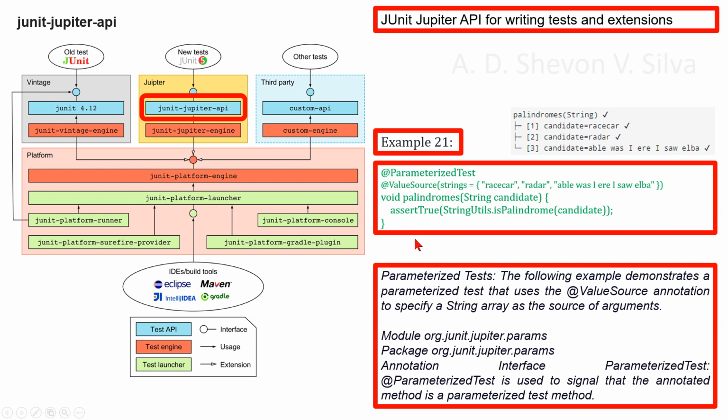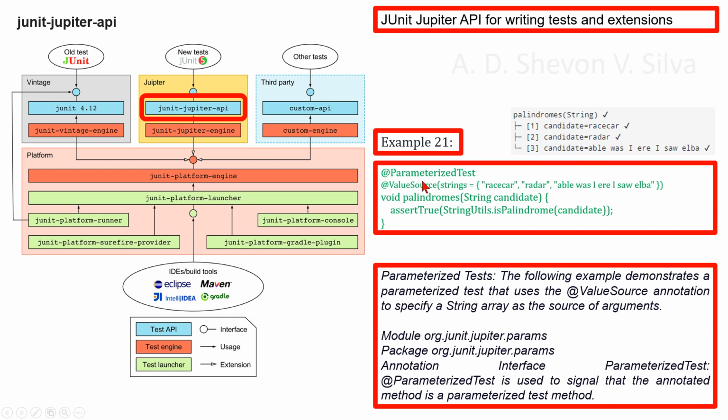Parameterized tests make it possible to run a test multiple times with different arguments. They are declared just like regular @Test methods, but use the @ParameterizedTest annotation instead.